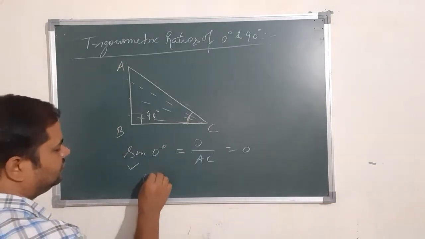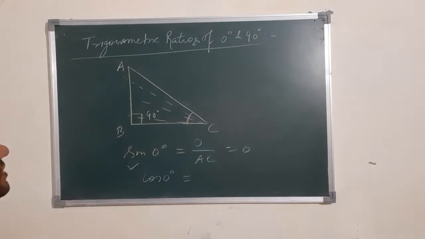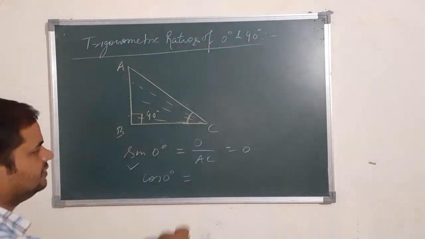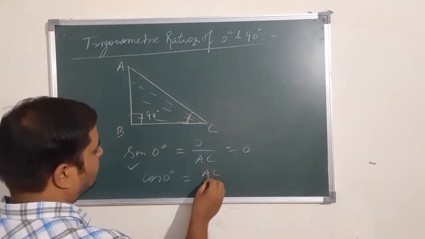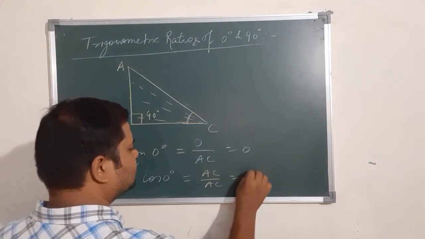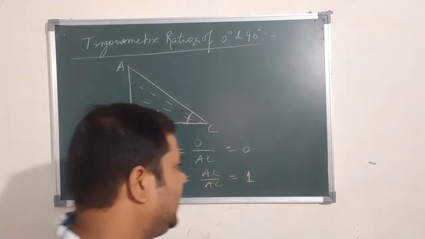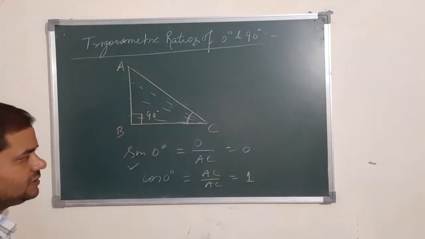Cos 0. If this line is 0, then line AC must be equal to BC. So AC upon AC, this is 1. So the value of cos 0 is 1. Then tan 0, perpendicular upon base.